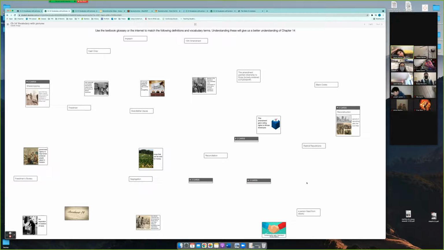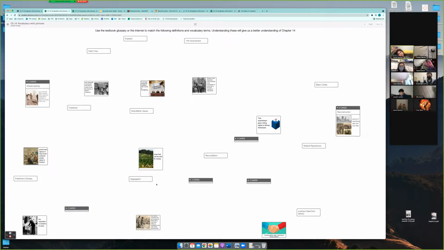So which amendment, right, this amendment granted citizenship to those formerly enslaved? Who thinks they know that one? Amendment 14, perfect, right? Free citizens vote, 13, 14, 15. Okay, so citizenship is number 14. Let's match that one up.